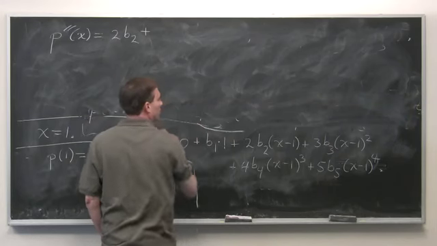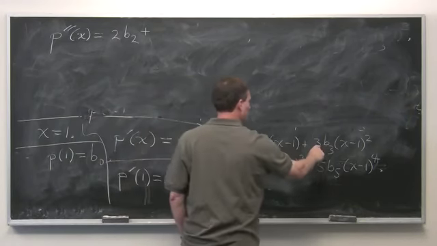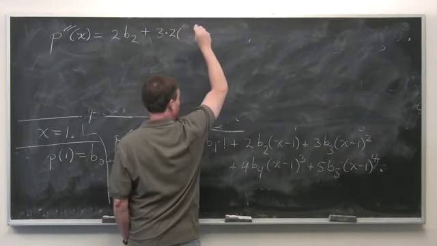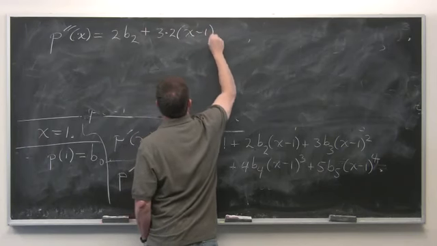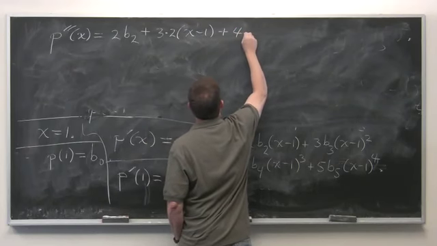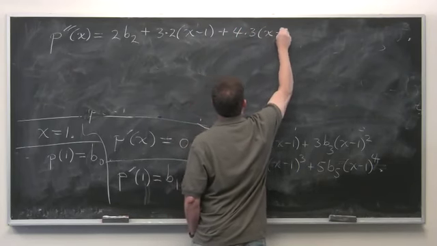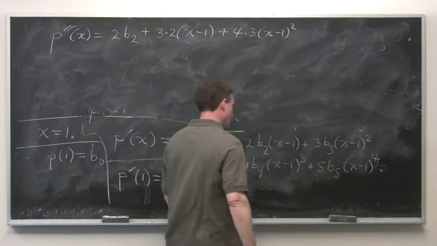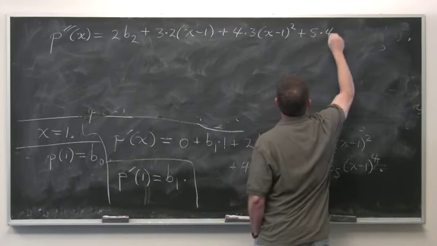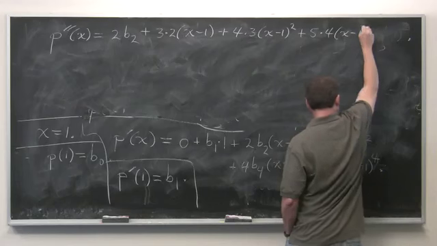plus you get, so we're differentiating again, so you get a 3 times 2. So you get a 3 times 2 times x minus 1 plus a 4 times 3 times x minus 1 squared plus a 5 times 4 times x minus 1 cubed.